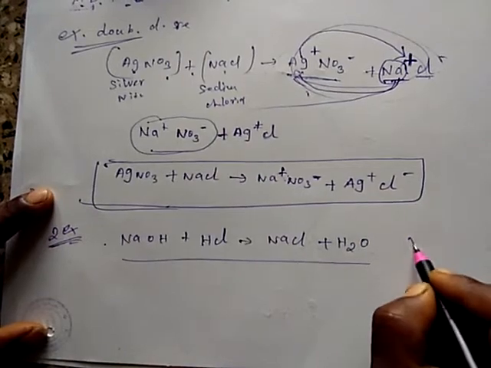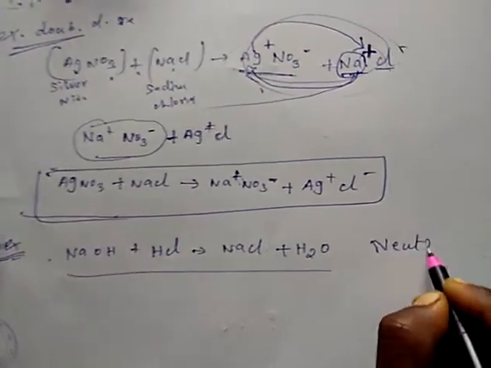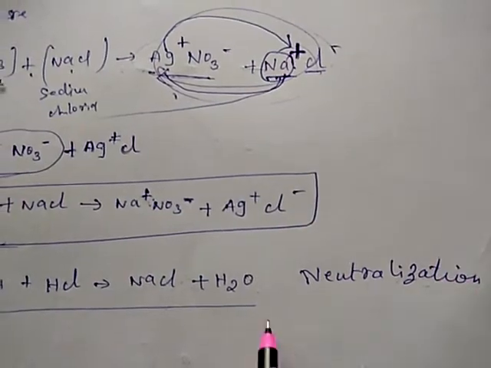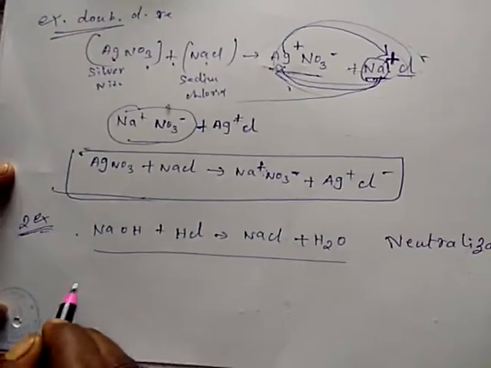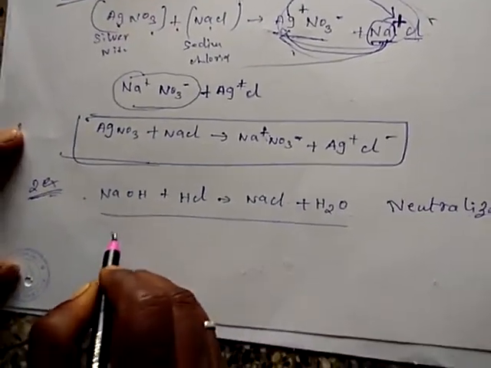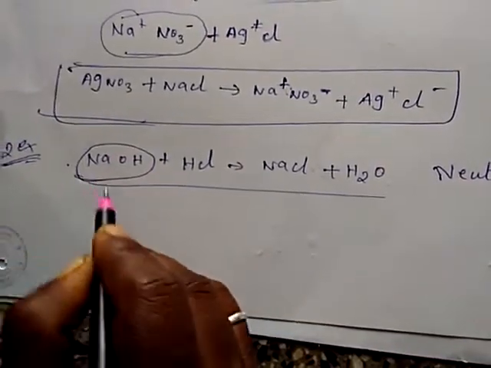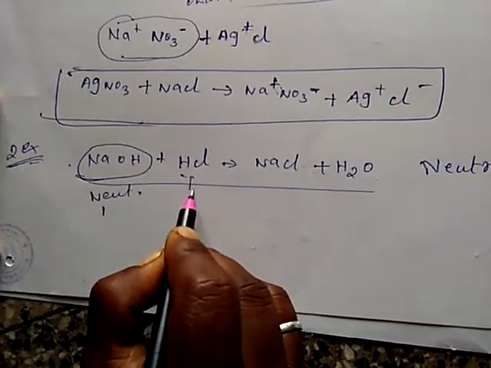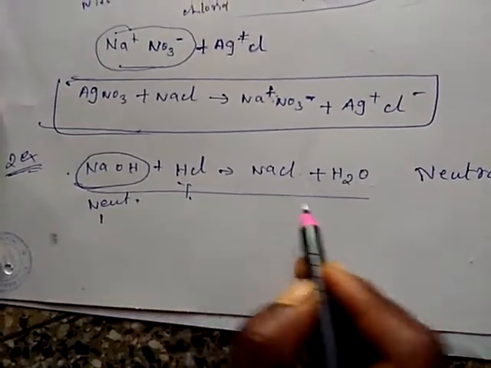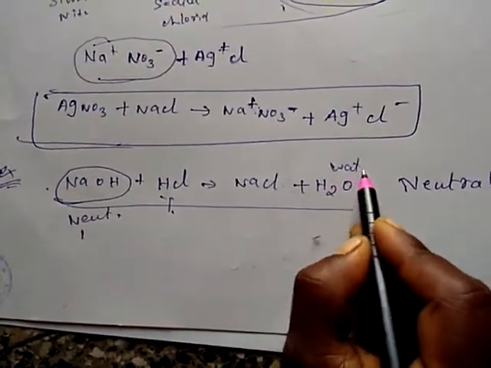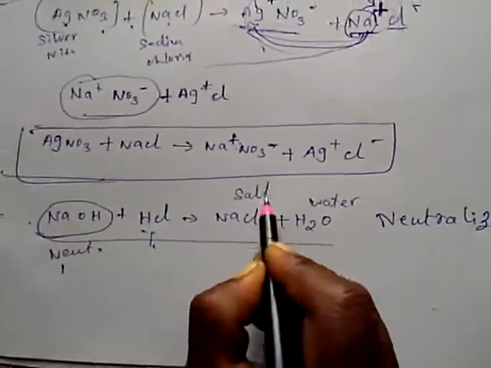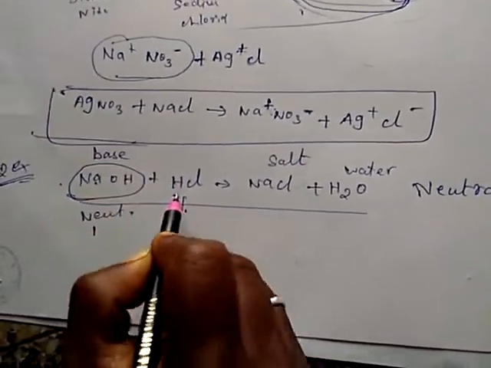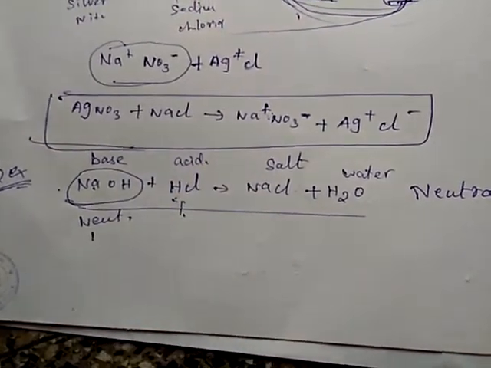The reaction is a neutralization reaction, because NaOH neutralizes HCl acid to produce water and salt. NaOH is a base, HCl is an acid.